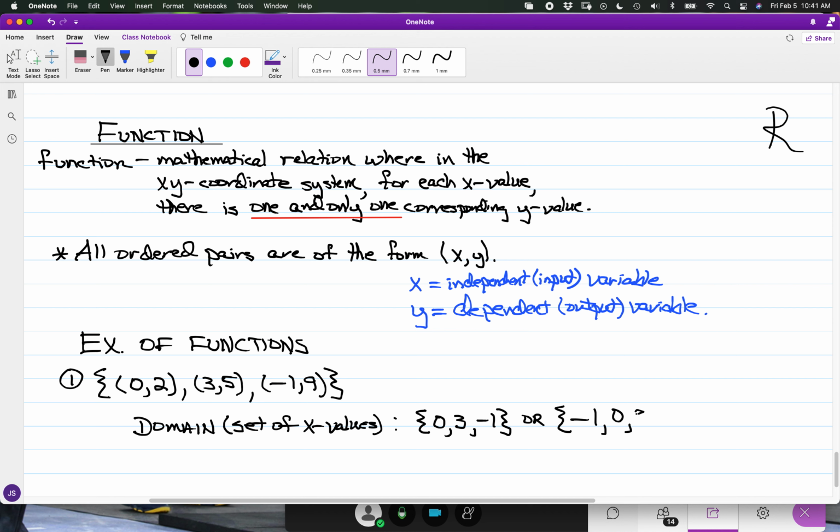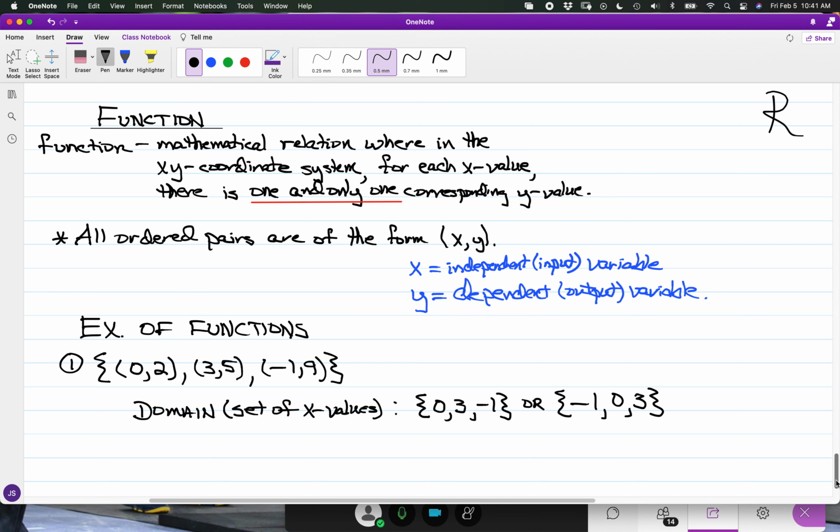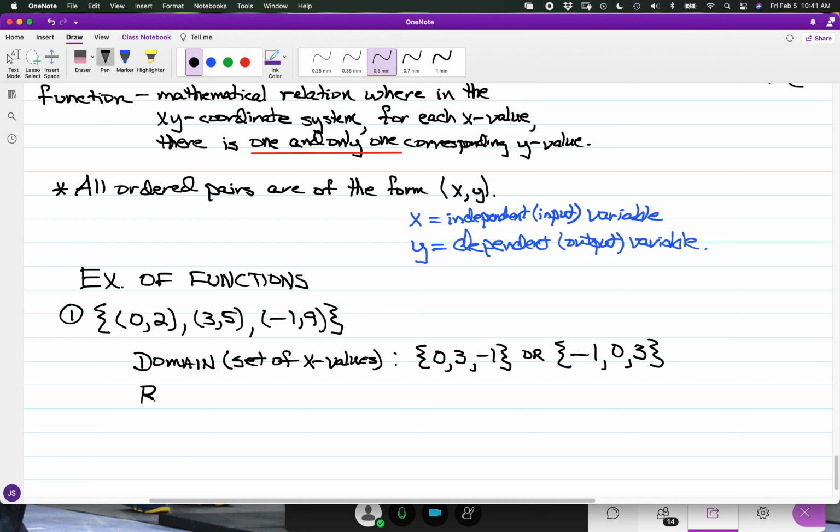So it doesn't matter what order you write the values. In the case of the range, the range is going to be the set of y values.